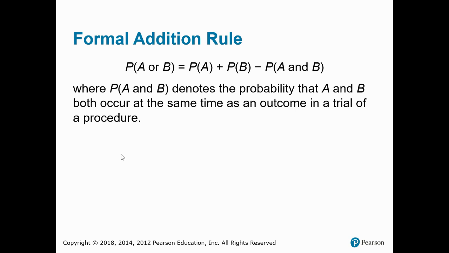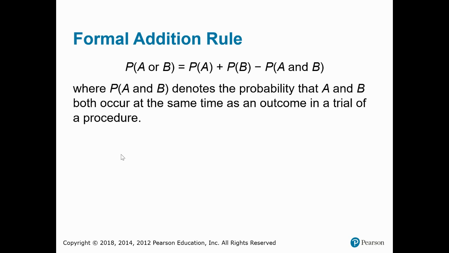So the probability of a 3 is 4 out of 52. The probability of a heart is what? 13 out of 52, right? Because there's 13 hearts. Or that reduces to 1/4. I'm going to do 13 out of 52. And then we're going to subtract away how many 3s and hearts. There's only one 3 of hearts card.